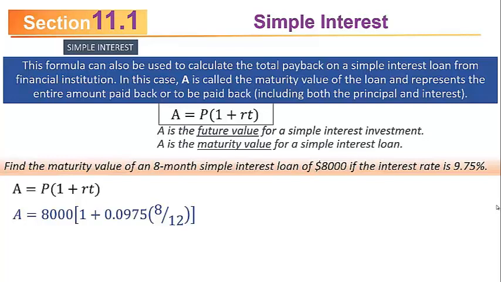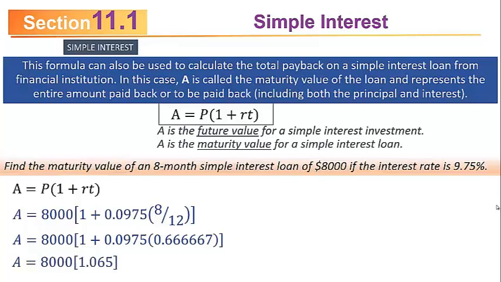And you're doing it for 8 months, but the answer has to be in years, so you get 8/12 of a year. 8/12 is about 0.666667. If you multiply that by 0.0975 and add 1 to it, you get 1.065. And if you multiply that by 8,000, you get about $8,520. So the maturity value of an 8-month simple interest loan of $8,000 at an interest rate of 9.75% is $8,520.